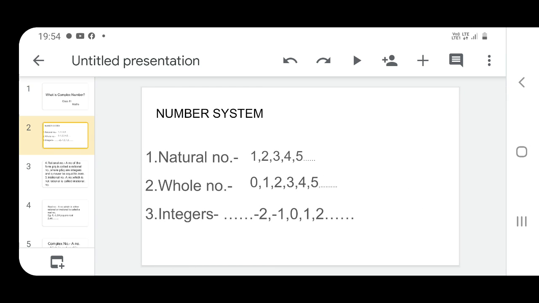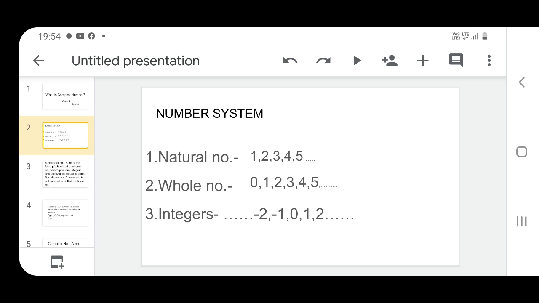The number system includes, first, natural numbers. Natural numbers start from 1 and go on, but we don't have even the largest natural number. But when we need some other number, for example, we have 5 mangoes and we have eaten all the 5 mangoes, then what will be left with us?